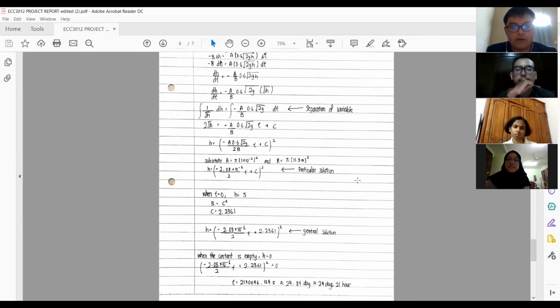So we take our general solution, set it equal to 0, and solve for t. After mathematical calculation, we get t approximately equals 24.89 days, which is 24 days and 21 hours.